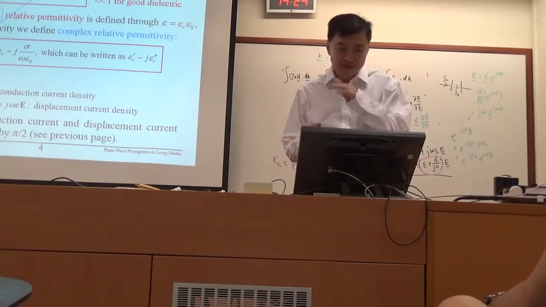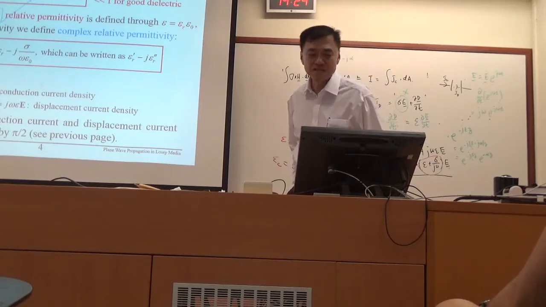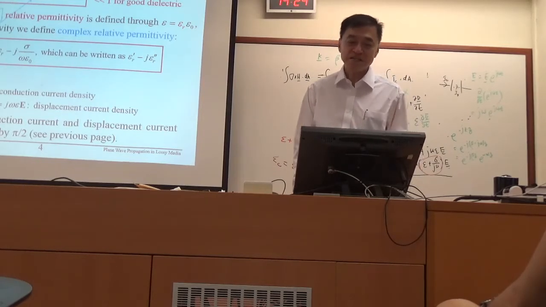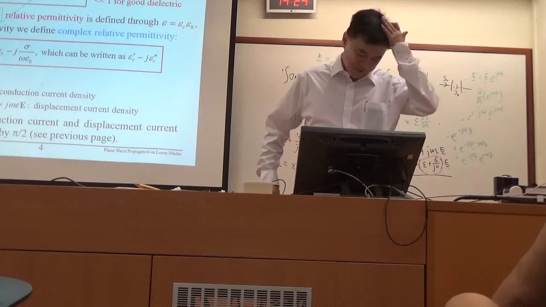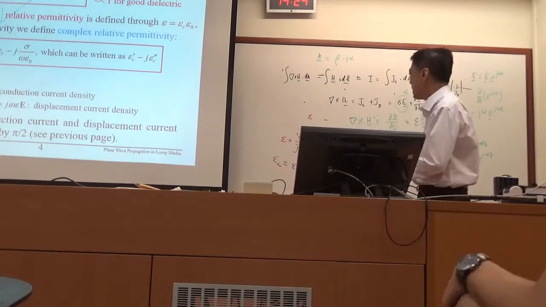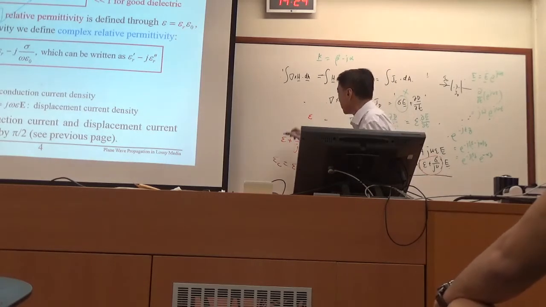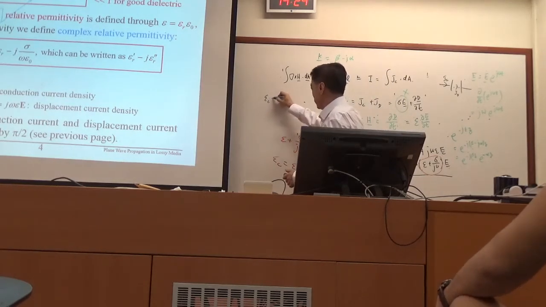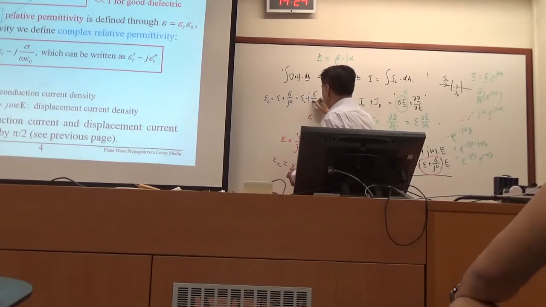All these definitions actually serve to confuse people, but when you read books, there are so many definitions. So epsilon C is equal to epsilon plus sigma over j omega, which is equal to epsilon minus j sigma over omega.